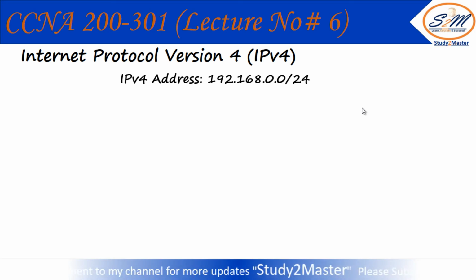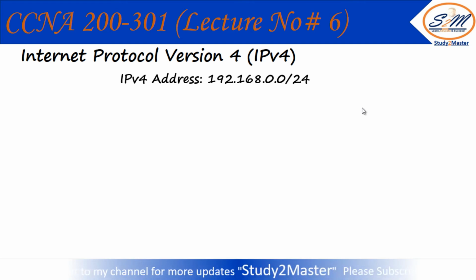Now let's see how we convert a decimal number into a binary number. As you know, computers only operate on the physical layer, then the second layer is the data link layer and the third layer is the network layer. So we follow the process of the OSI model layers.